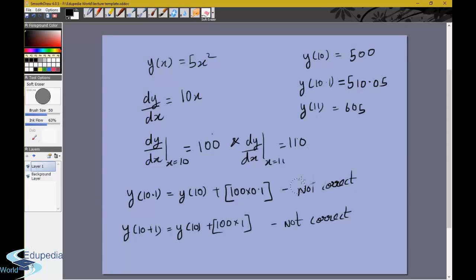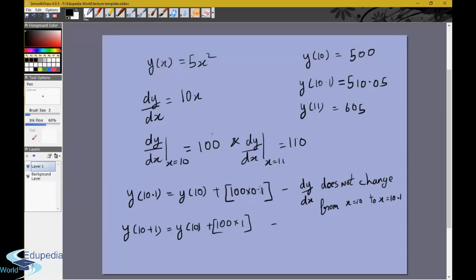In that case, what we are really assuming is dy by dx does not change from x is equal to 10 to x is equal to 10.1. If dy by dx was not changing between these two values, then this relation would be completely true.